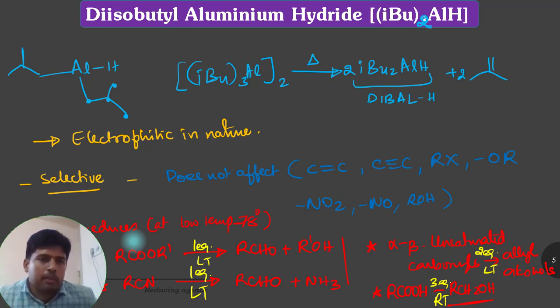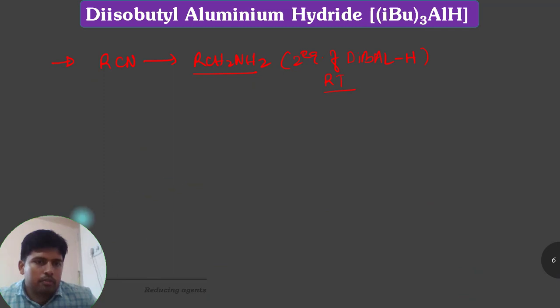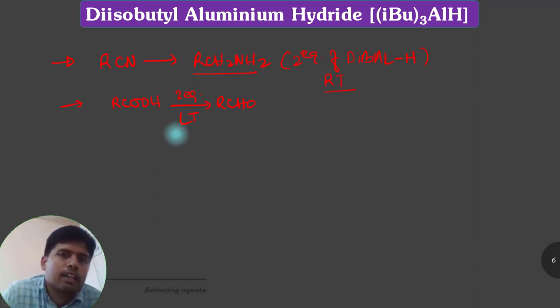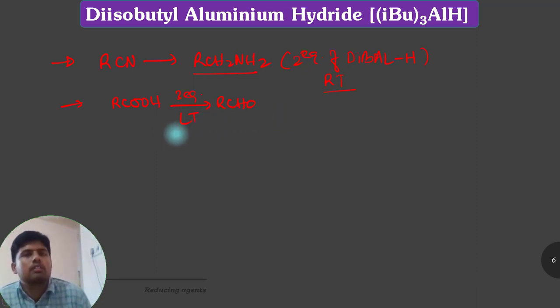Let me write it here. At low temperature, RCOOH gets converted to RCHO. Here you require 3 equivalent, low temperature. So basically, depending upon the quantity of DIBALH and the temperature, the products obtained are different. So that's the main point to note here.